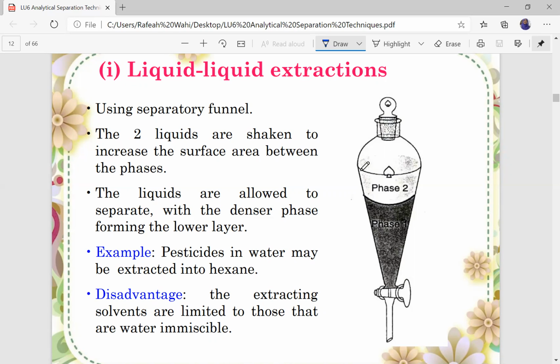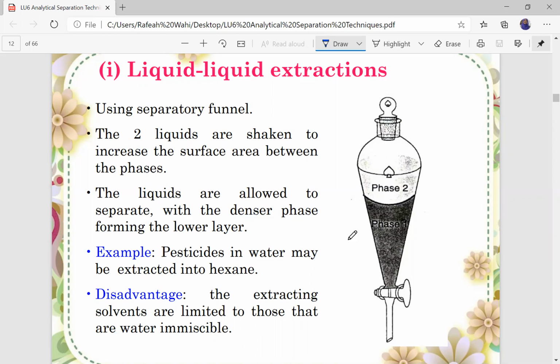Second, you put hexane into the separatory funnel and you mix and shake the water and the hexane. Remember, the water contained pesticide and you want to move the pesticide from water into hexane so that later on you can evaporate the hexane and get the mass of pesticide in the hexane for your analysis.